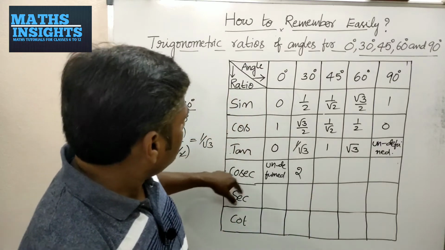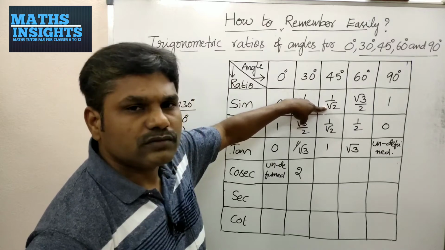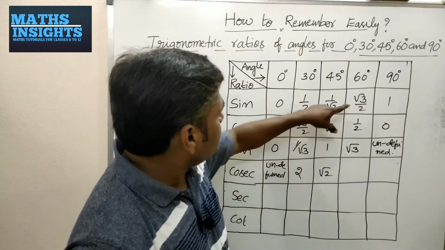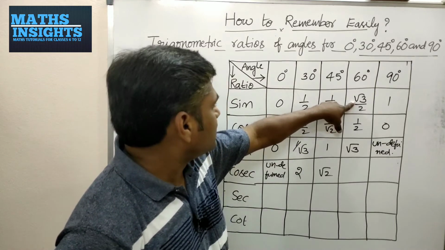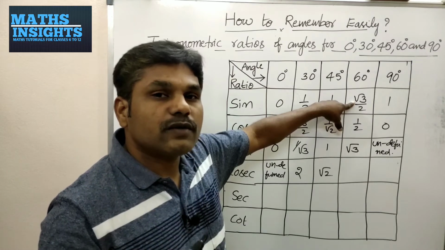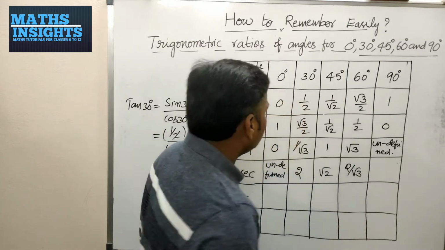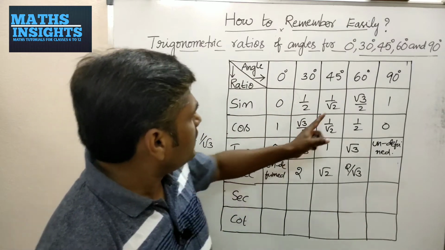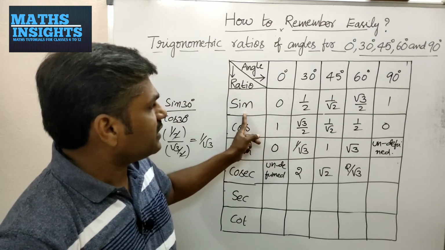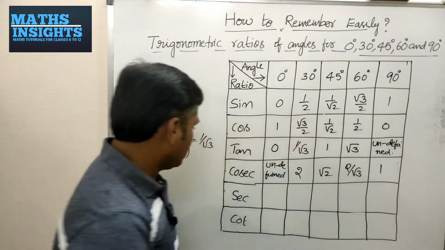Cosecant 45 is 1 by sine 45, which is root 2. Cosecant 60 is 1 by root 3 by 2, which is 2 by root 3. Cosecant 90 is 1 by sine 90, so 1 by 1 is 1.